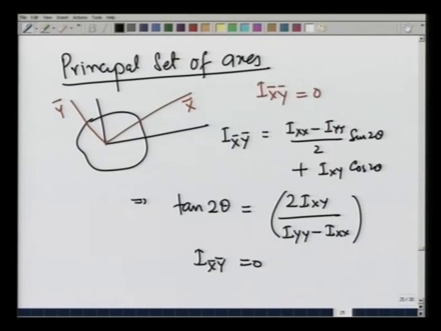Such a set of axes where the product of area vanishes is known as the principal set of axes, and you can see from the construction that you can always find one set of axes, because tangent 2 theta varies from minus infinity to plus infinity. You can always find a set of axes where the product of area would be 0.